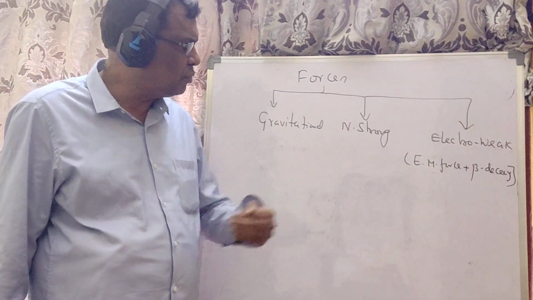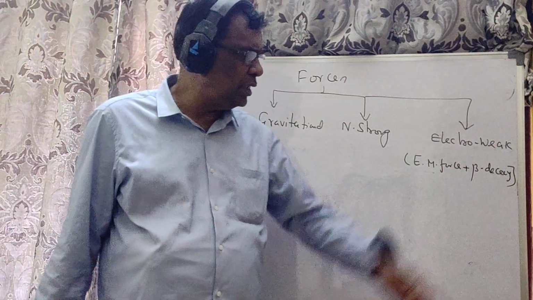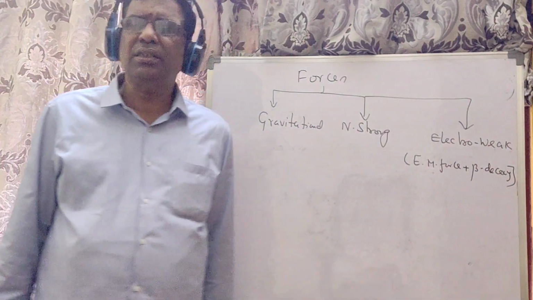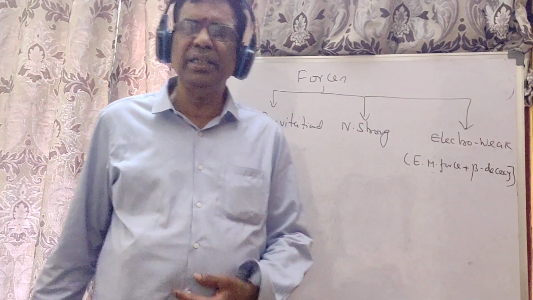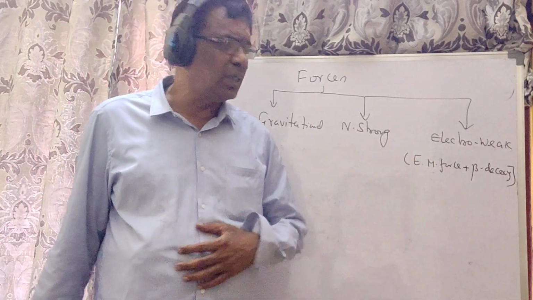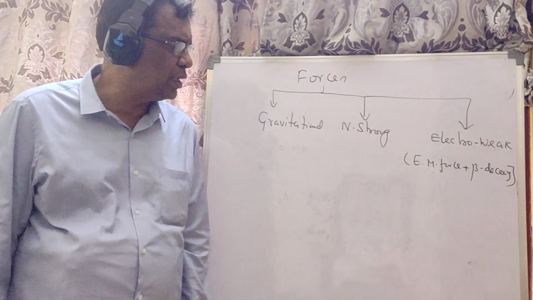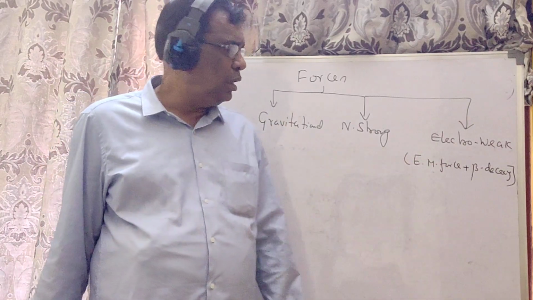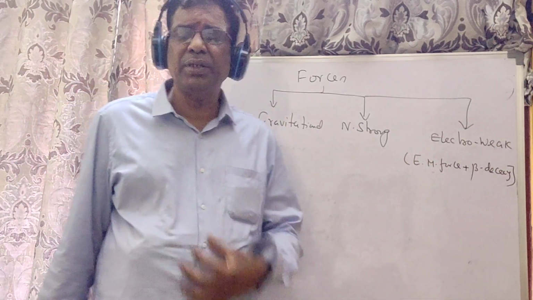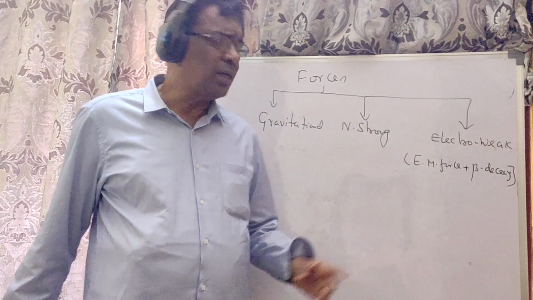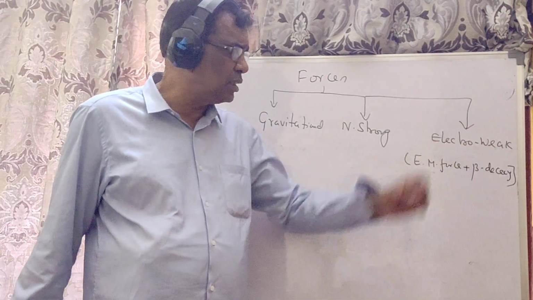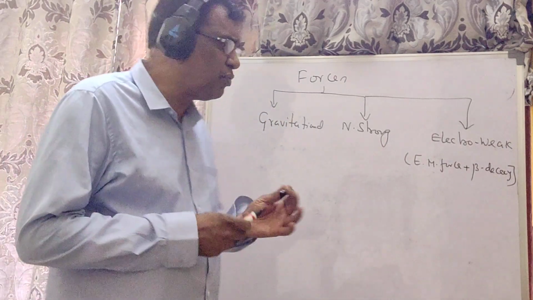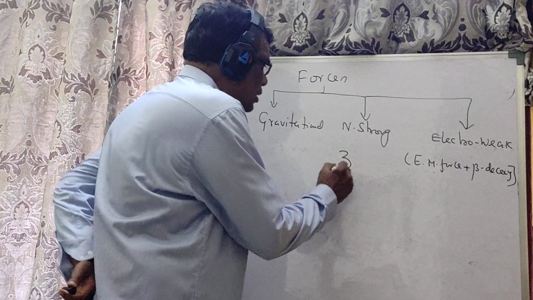In the process of proving that, the latest development, way back in 1979, hardly around 41 years ago, Professor Abdus Salam, with whom of course I had the great opportunity to be for some time, published a paper combining that beta decay force is nothing but a manifestation of electromagnetic force, reducing the number of fundamental forces to 3, not 4.